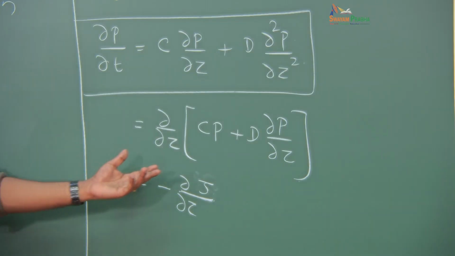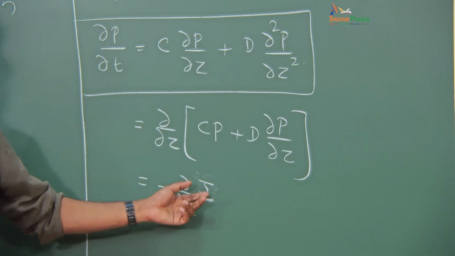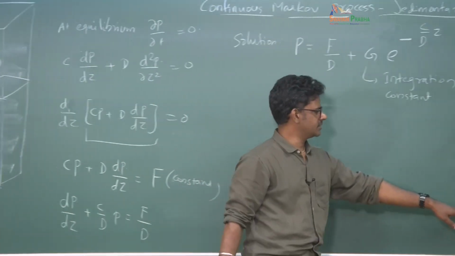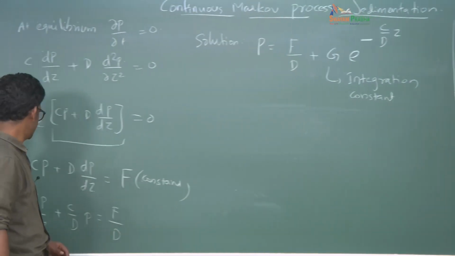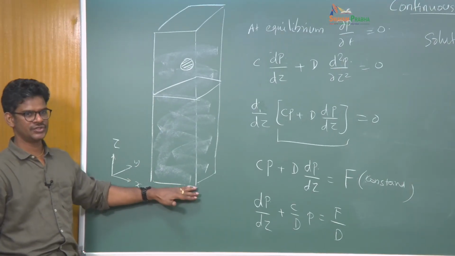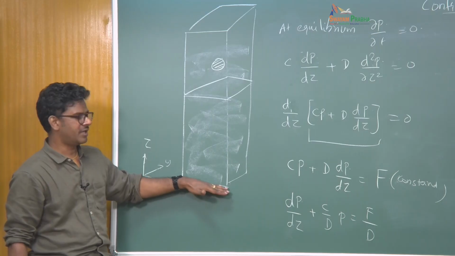What you get in this entire term here is nothing but the flux J. Why I am saying this is a flux is because I am going to invoke the boundary condition that when the particles sediment and reach the boundary at z equals 0, the particle cannot go further.